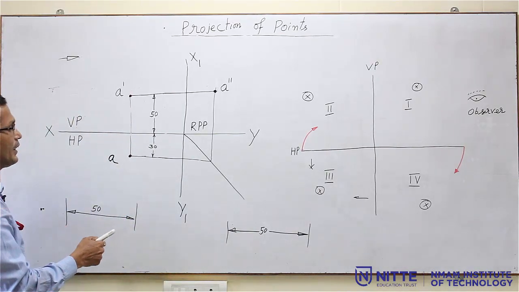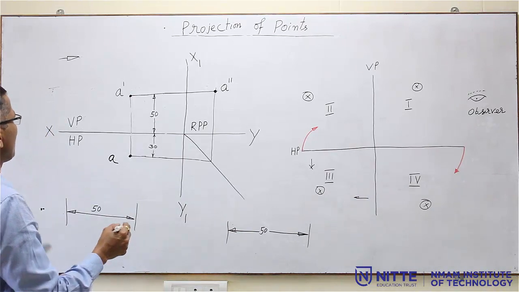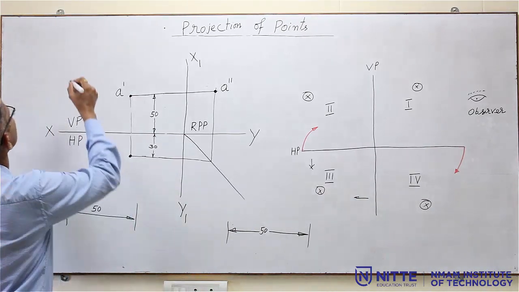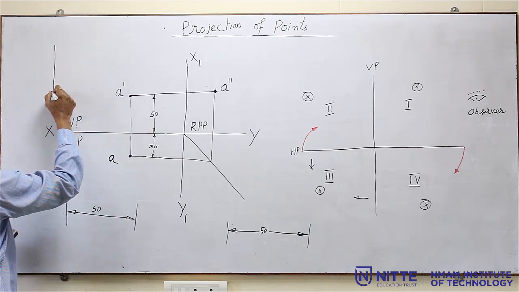Now, this is for the horizontal dimension. For the vertical lines, I can draw a vertical line like this.